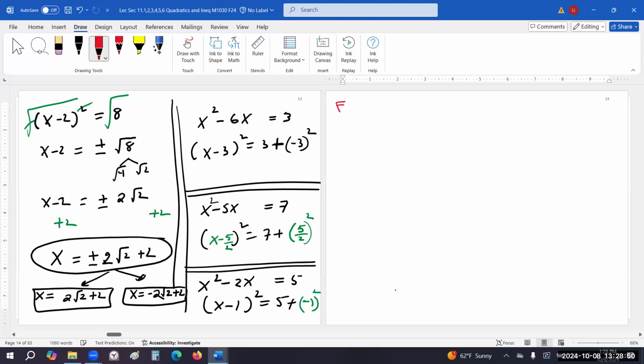Another example. Let's say we have x squared minus 6x equals 5.